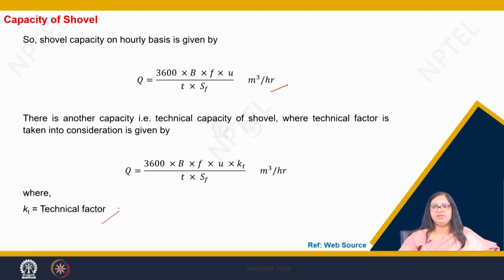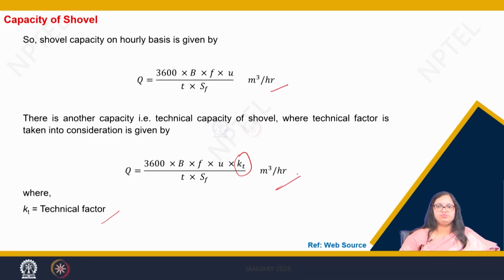So the technical capacity depends on the kind of the boulder size or the rock size that this shovel would excavate, and that would give you a factor called KT. Generally, there is a table for the technical factor that you may find from various sources, which is dependent on the average diameter of these boulders that are excavated, or else you may assume it as something like 0.4 to 0.6 to calculate the shovel capacity.